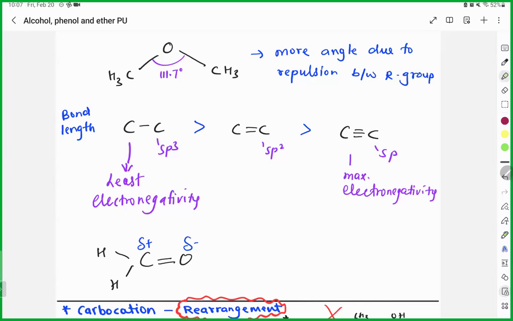Sir, electronegativity and their hybridization. Electronegativity and hybridization. Because of the triple bond, there is maximum electronegativity in case of alkyne. It is sp. So when there is a triple bond, strong bond and bond length will reduce.